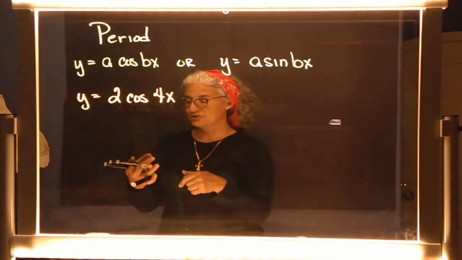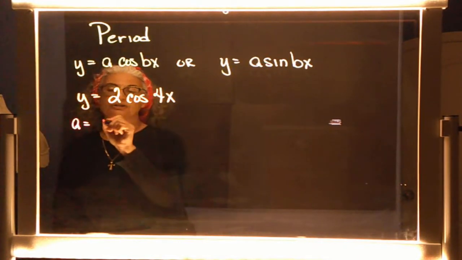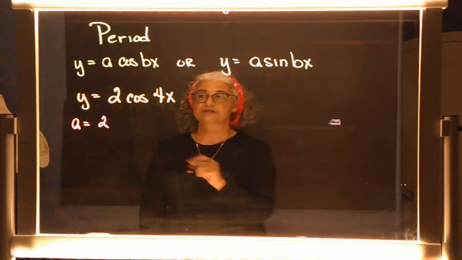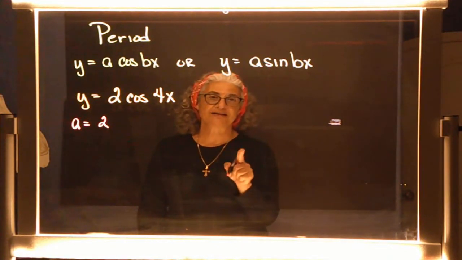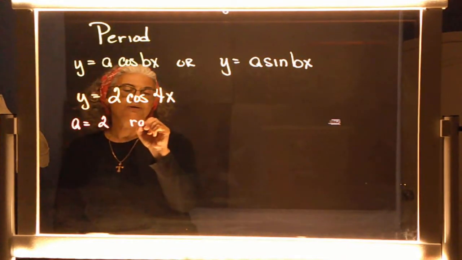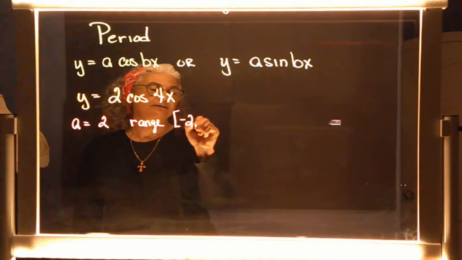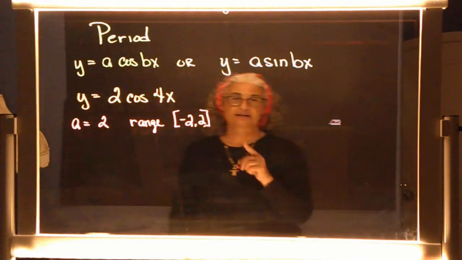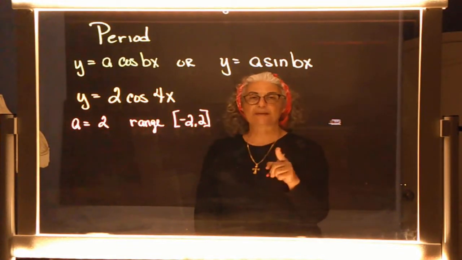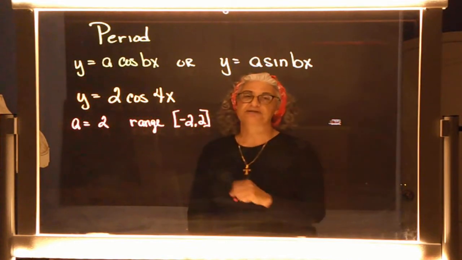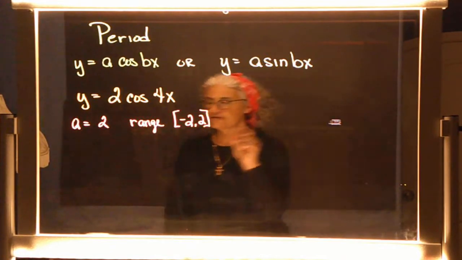So in this particular case, your amplitude is, good, 2, because it's in front, right? The amplitude will dictate the range. So what's my range going to be? Yeah, inclusive, which means brackets, -2 to 2. Got it? After you ask yourself what the amplitude is, and hence the range, you're then going to ask yourself if this graph is going to flip.